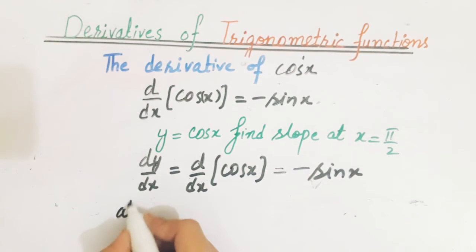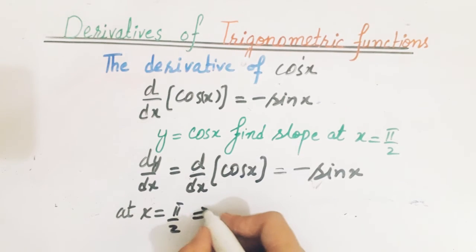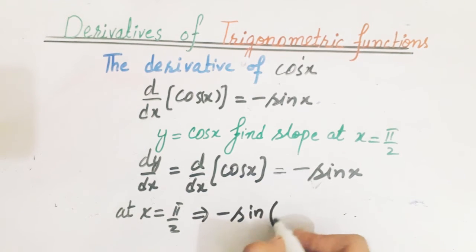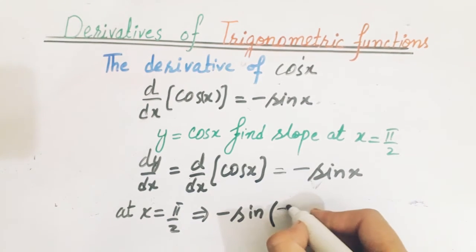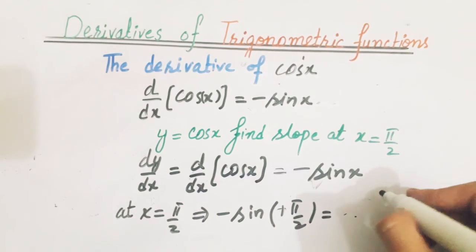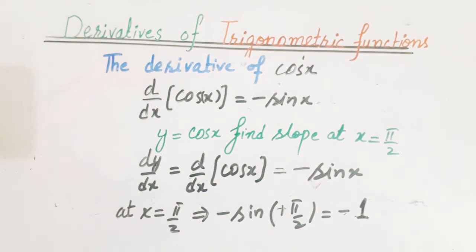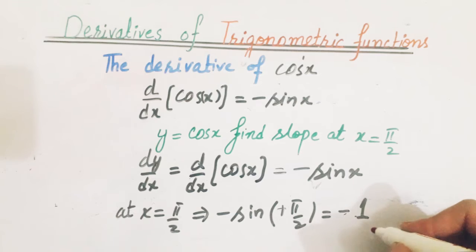So at x equals pi by 2, you will get minus sine pi by 2. Sine pi by 2 means sine 90 degrees, that is equal to 1. So minus 1. This is the slope. So the final answer is minus 1.